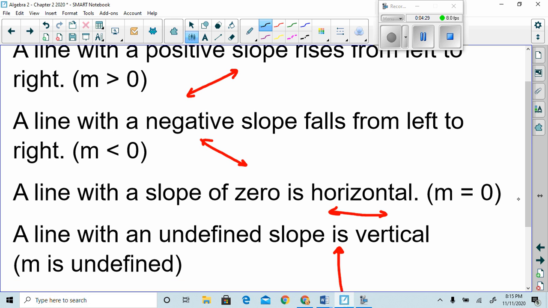And again, my reminder to you was that when the slope is 0, it's horizontal. They both have z's, so if you can remember one, then it follows that a vertical line is undefined. Okay? So now we know that without even graphing, we can tell what that line's going to look like.